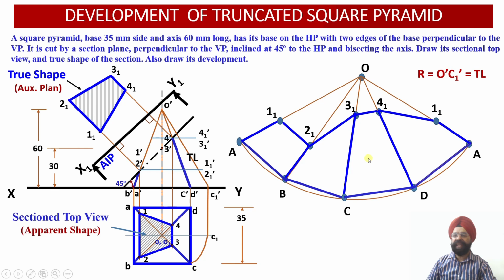And then by using the radial line development method, we have been able to evaluate the true shape of the developed surface over there. And once you fold this out along these slant edges, you are going to obtain the truncated solid which we had started with, right? So this is the way you can obtain the development of the truncated square pyramid.